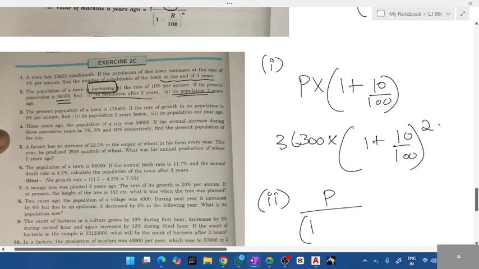Not minus. 1 plus. Increasing, right? Or have they mentioned decreasing? Any word decreasing given? No, plus. So here the calculation would be the same present population, 36,300 divided by 1 plus 10 divided by 100 to the whole power 2.